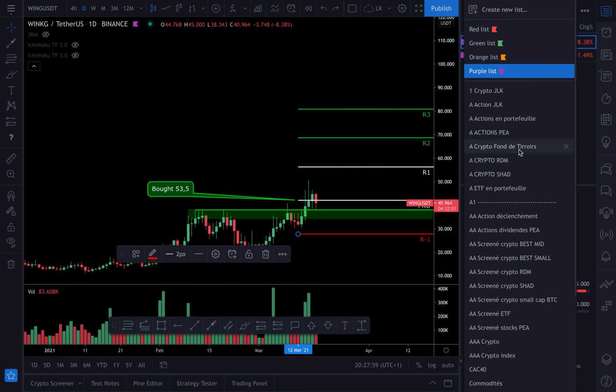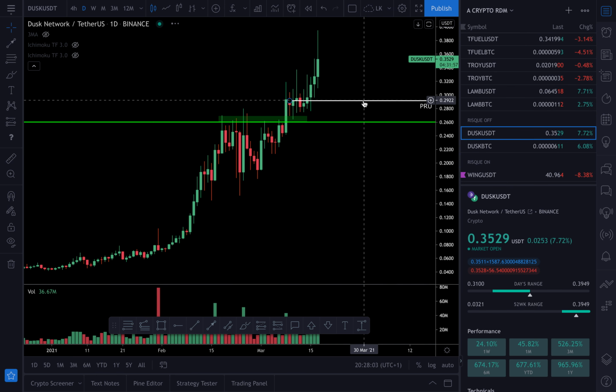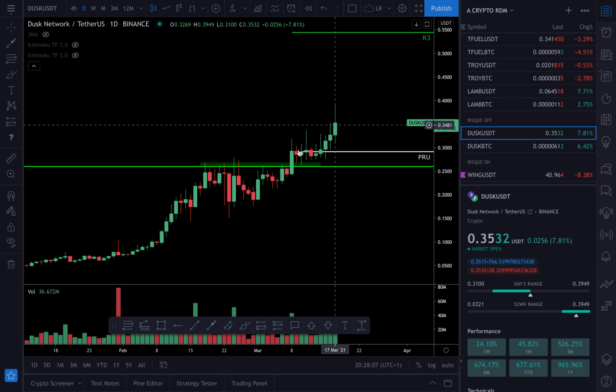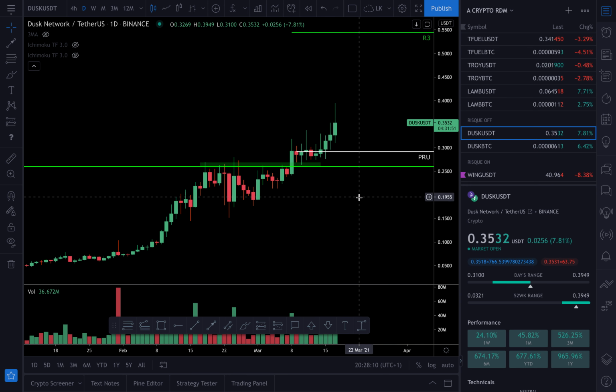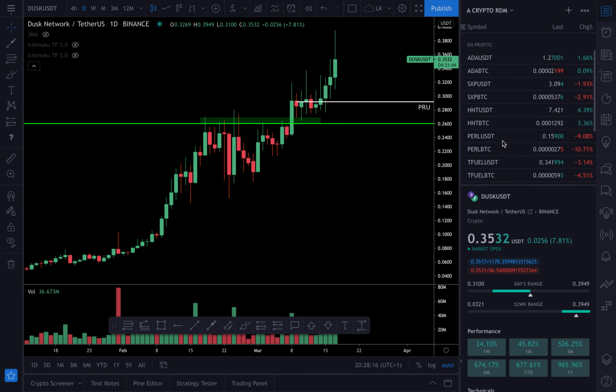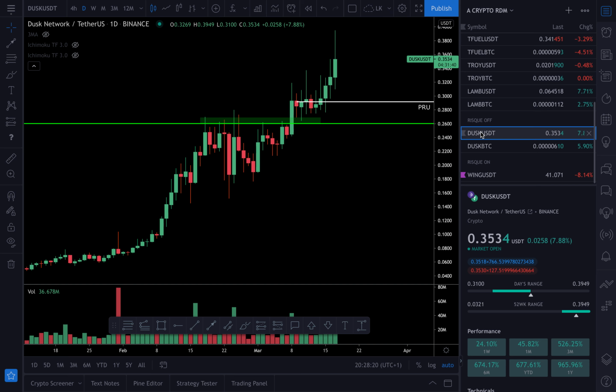I just did that on that trade on Dusk, where my R1 was over here, and as soon as we reached it, my stop loss was over here, and I raised it up to my entry price. And thus, as you can see, I have my profiting trades, my risk off trades, and my risk on. And my goal is to put as much risk on trades in the risk off zone so I can take positions.